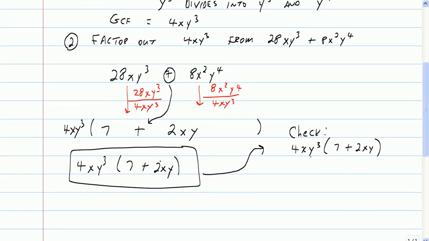And when we do that, we should get back to the original polynomial, which of course we do. 4xy cubed times 7 is 28xy cubed plus, and then 4xy cubed times 2xy is 8x squared y to the fourth. And that confirms that we have the correct factorization.